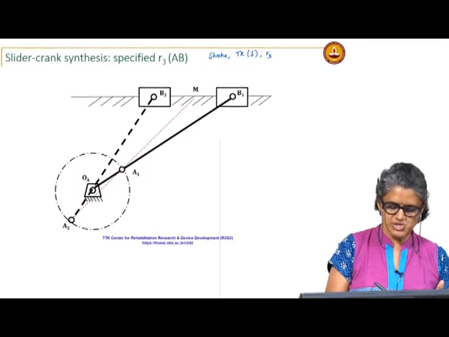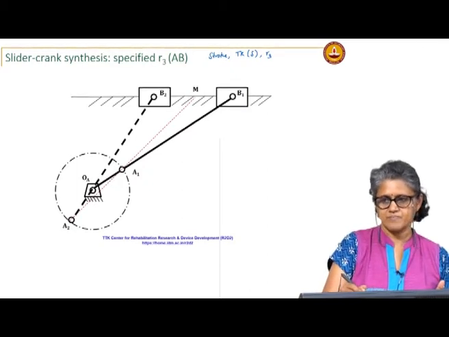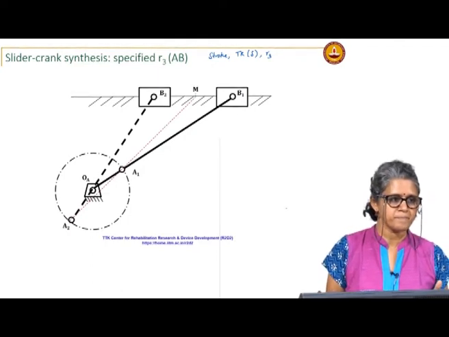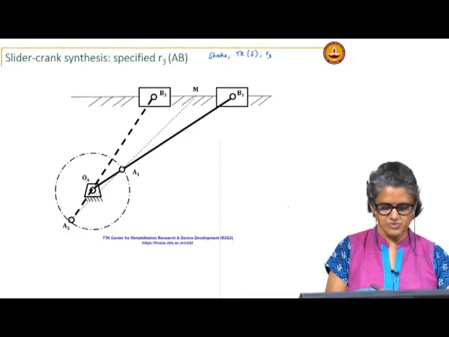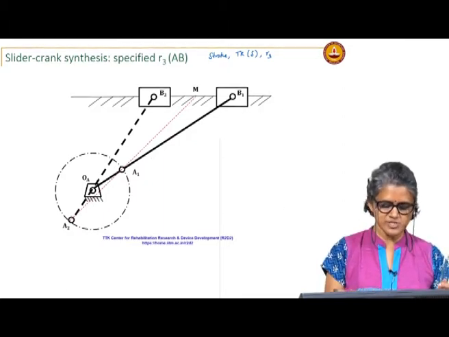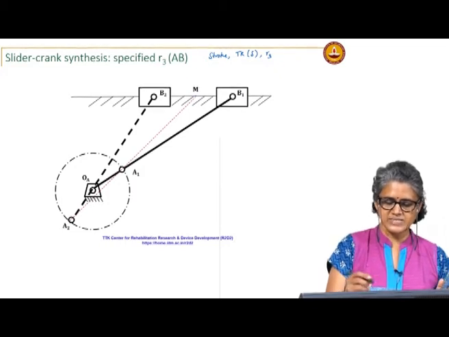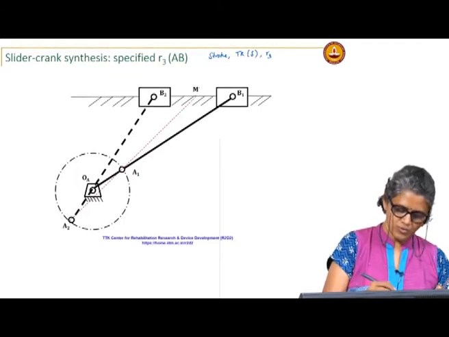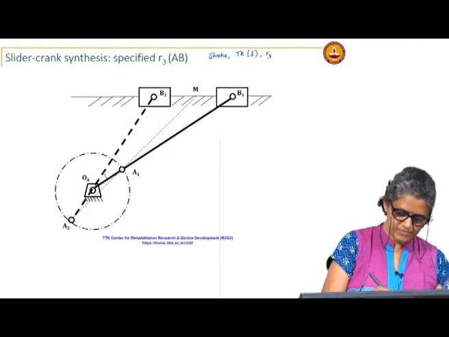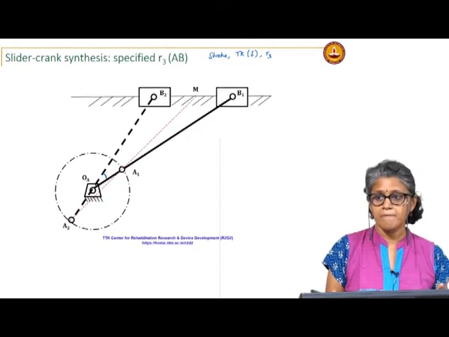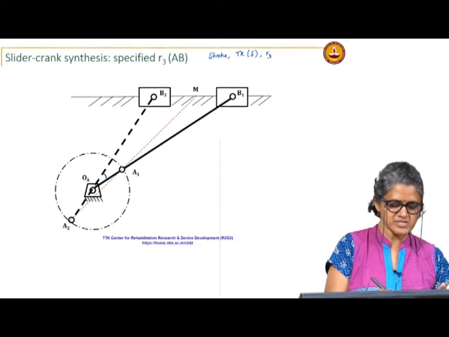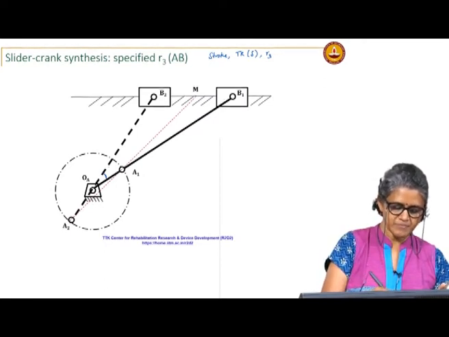So, if I join A2 to A1 and extend it to meet B1 B2 at M, okay, I have joined A2 A1, the 2 extreme positions of the crank, and extended it to meet this at M. Now, this angle, what is this angle? That angle is just delta, right. If this is OA, then this angle is delta.